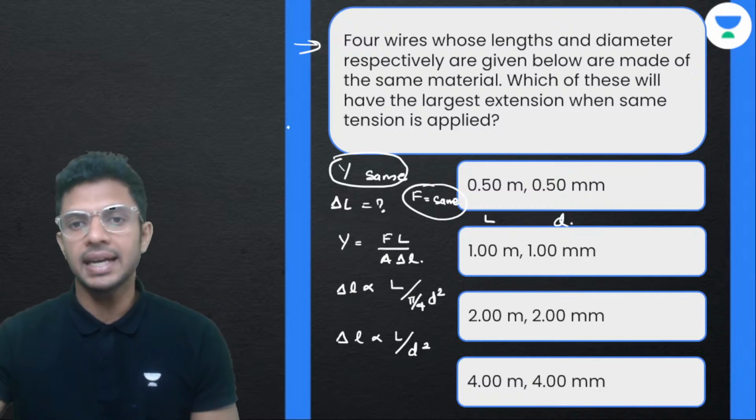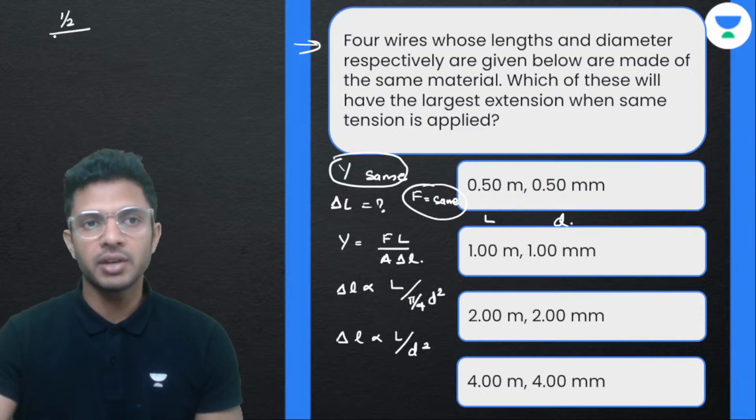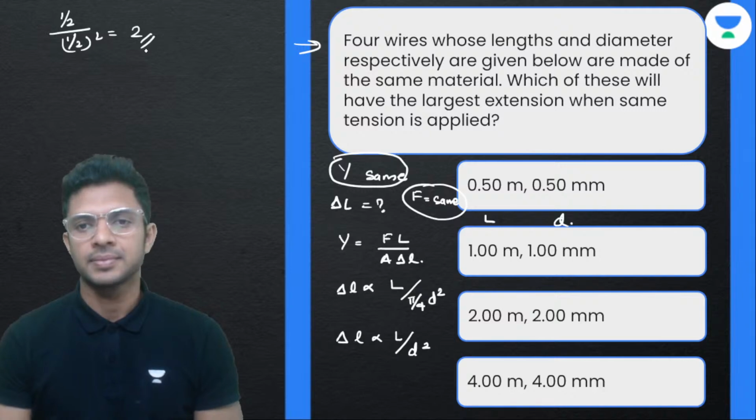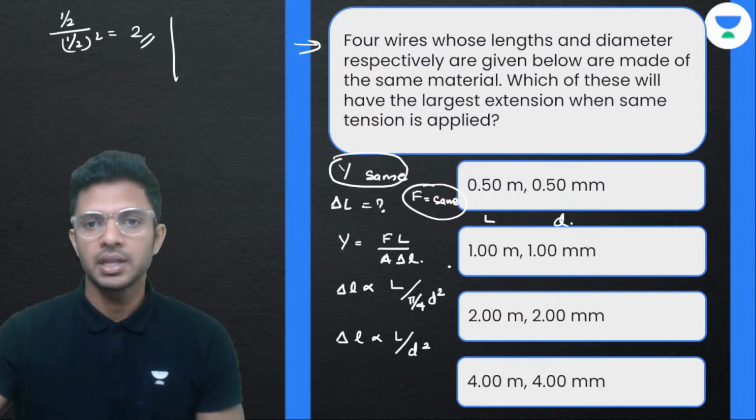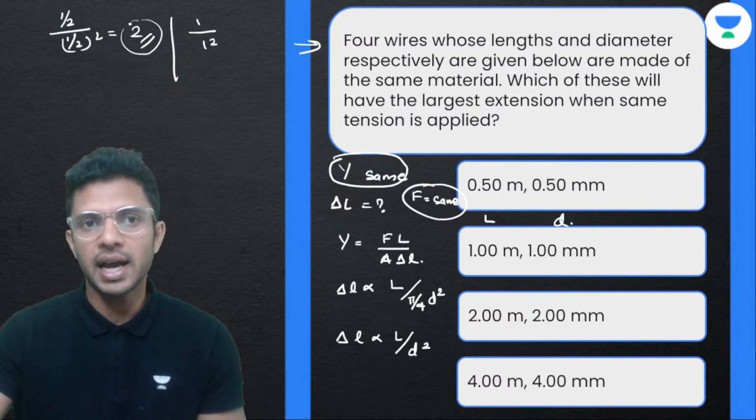Starting with the first option, the value of L is 0.5, that is 1 by 2. D is also 0.5, so 0.5 square is 1 by 2 square. 1 by 2 cancels, 1 by 2 remains in the denominator, so that 2 goes up; this is 2. Now the second case, L and D are 1 and 1, so L by D square is 1 by 1 square. Look, it is 0.5, 0.5, then 1, 1, then 2, 2, then 4, 4. When it moved from 0.5, 0.5 to 1, 1, the ratio decreased. Initially it was 2, now it became 1.